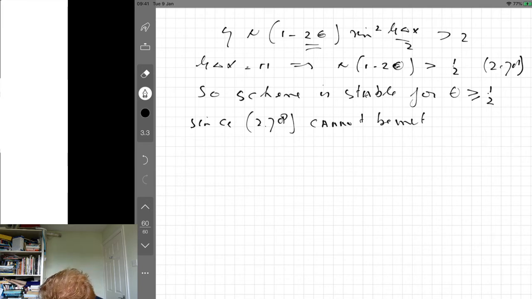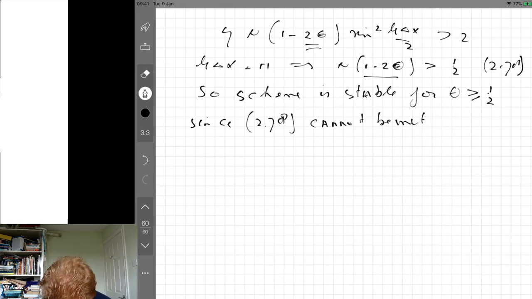So let's see how that works. If theta is bigger than half, this becomes negative, so the condition can't be met.